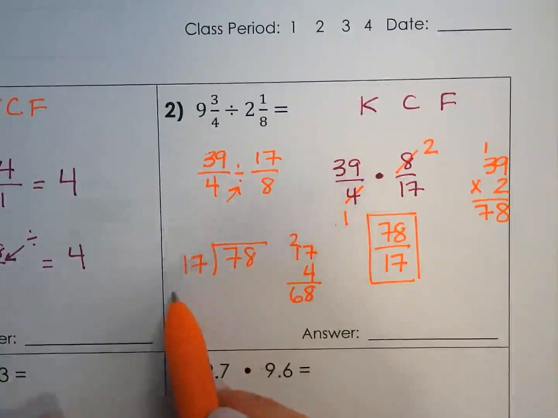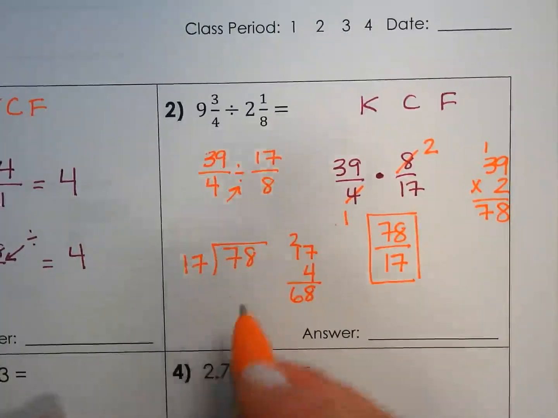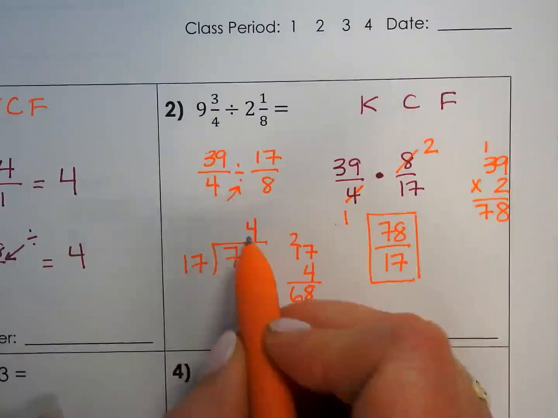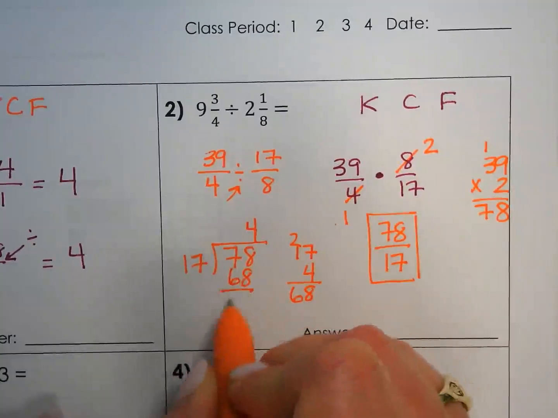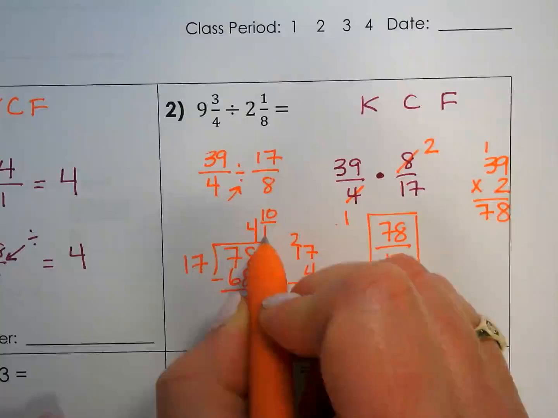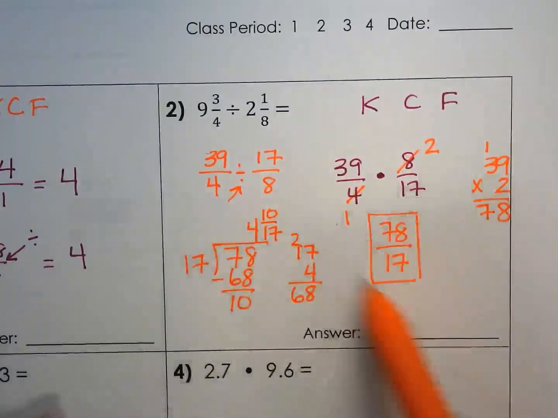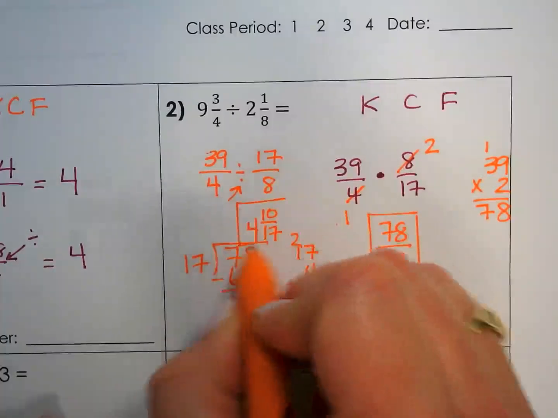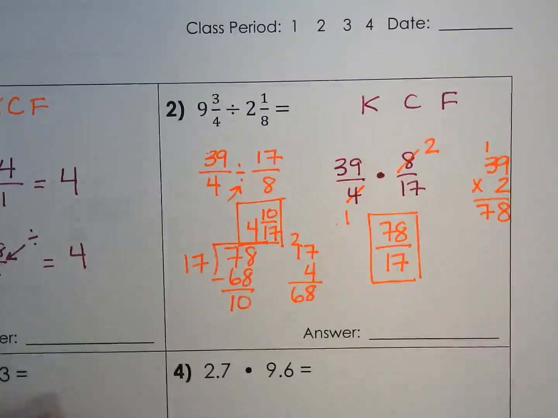I can't put another 17 in there or we'll go over 78. So it was a good guess. 4, making this 68, leaving a remainder of 10. So that's 4 and 10 seventeenths. And again, since this was already simplified, this will be simplified as well. Okay? Either answer is correct, but you do need to be able to recognize both of them.